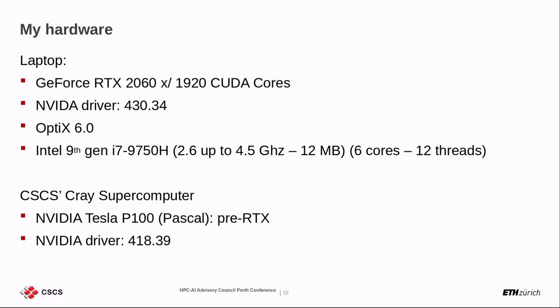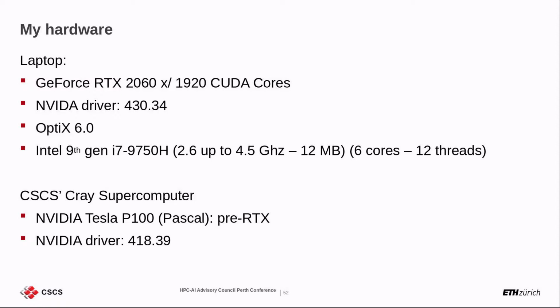My hardware, just for details: I have the lowest RTX GPU I could find, actually. It's only an RTX 2060 with 1920 CUDA cores. What is important is to have a very recent NVIDIA driver which supports OptiX 6. OptiX is yet another library from NVIDIA, a lower level library on top of which Viz RTX is implemented.